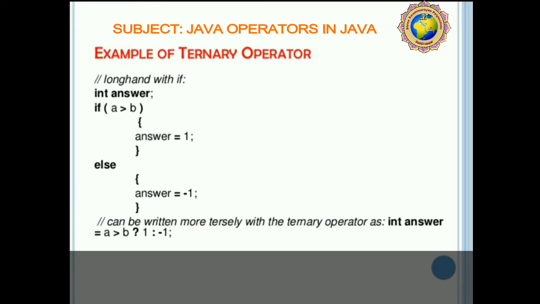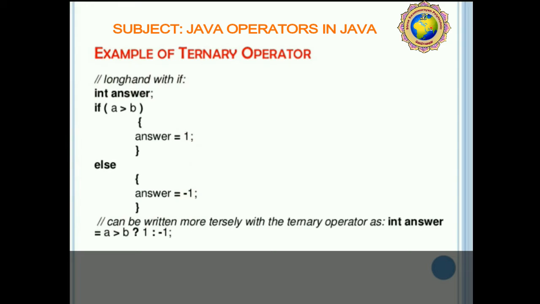An example of the ternary operator, a simple example: integer answer, that is the variable. If condition a greater than b, answer equal to 1, else answer equal to -1. This whole condition we can write in a single statement like this: a greater than b, question mark 1 colon -1. That will be the same as before.